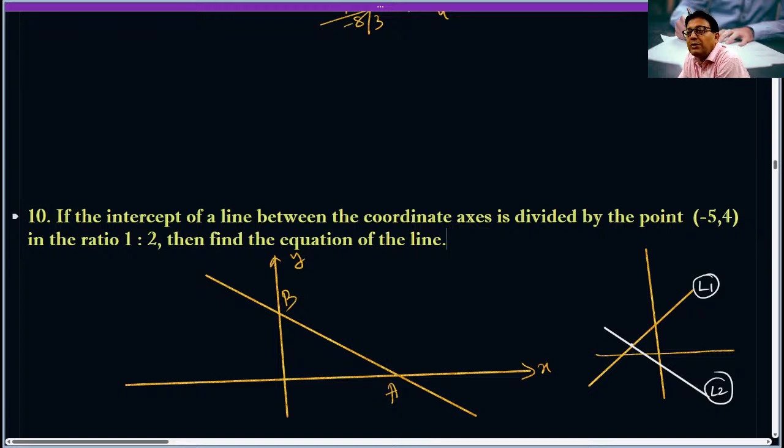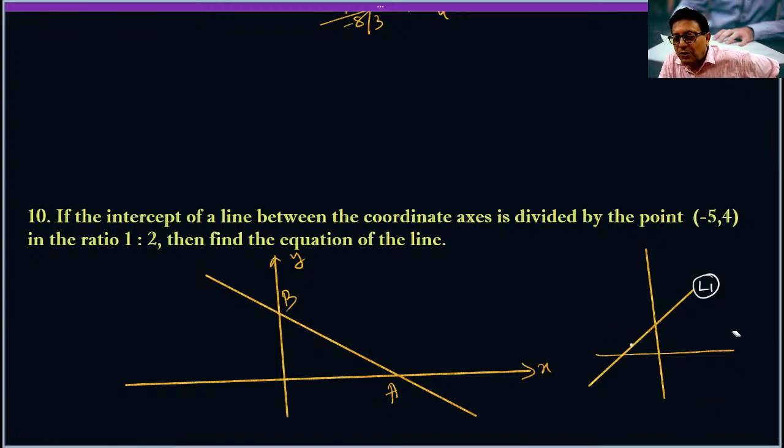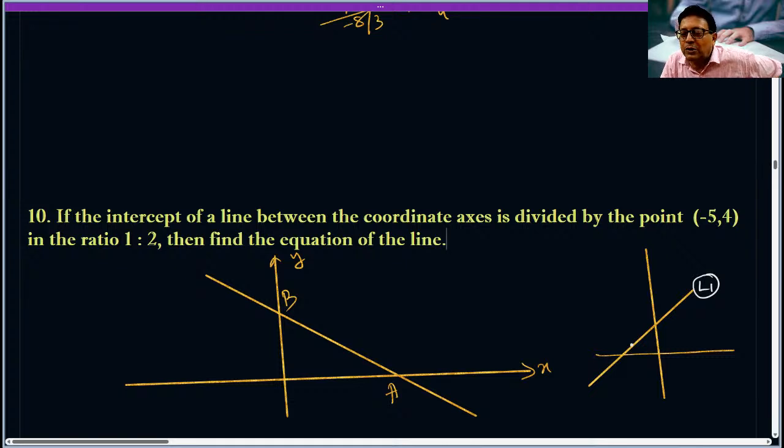It is possible, no? The line going this way or this way, dividing in the ratio 1:2. Or not? Check once. This situation is also not possible.